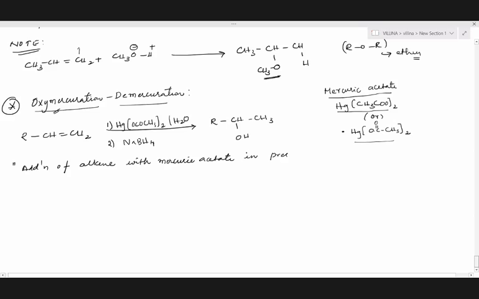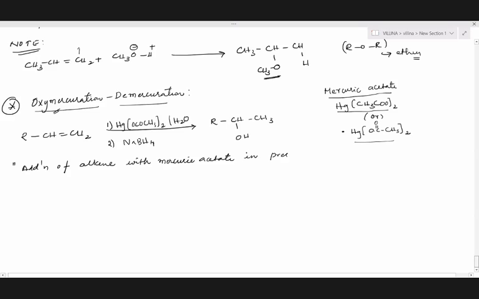That is, by simply using an acid catalyst, we won't get that amount of alcohol. So what we will be doing is addition of, what is it in the bracket? Mercuric acetate. You can write it as Hg(CH3COO)2, or else you can write it as Hg(OC(=O)CH3)2.